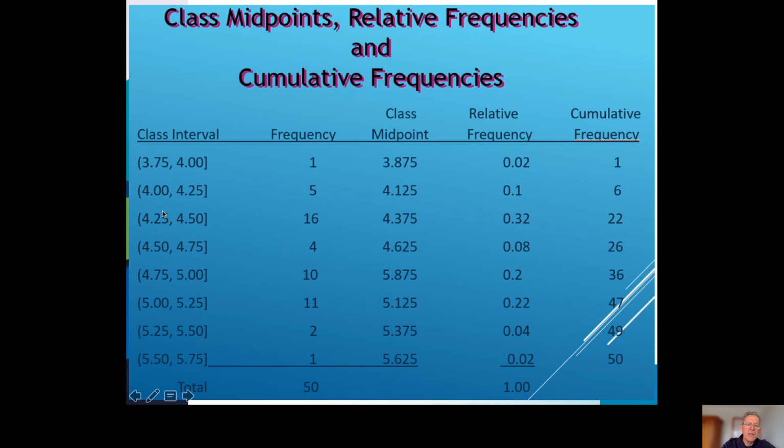How many were down this end and how many were up this end, and what's the spread? And the mathematicians go, look, to be fair, let's just use the midpoint. It's a bit of an estimate, bit of an average. Yes, it won't be exactly accurate, but it's close enough. So we'll find the midpoint of each of these class intervals, and that will be good enough for us to do our calculations.